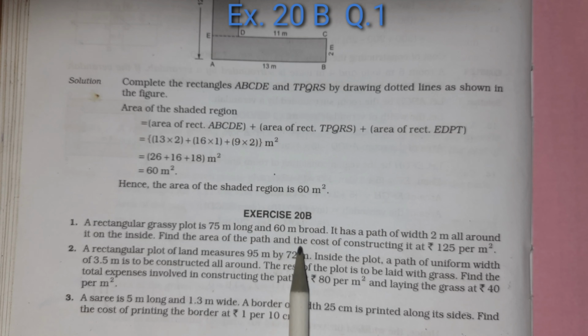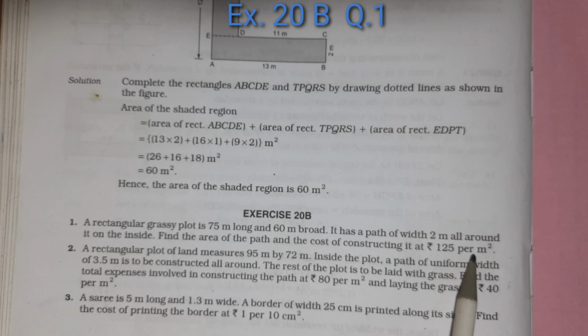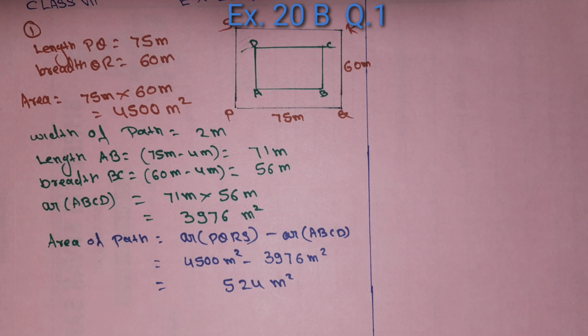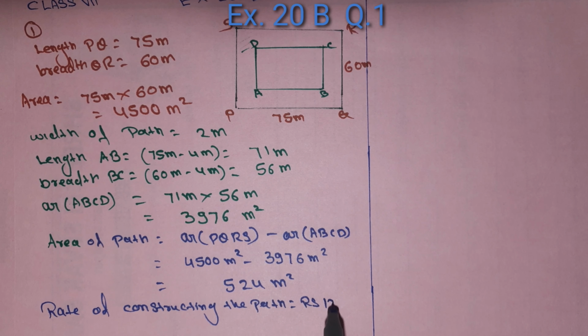Also we have to find the cost of constructing it at the rate of rupees 125 per meter square. So for 1 meter square, the cost of constructing is rupees 125. What will be the cost of the total area? Total area means area of the path. Rate of constructing the path is equal to rupees 125 per meter square.